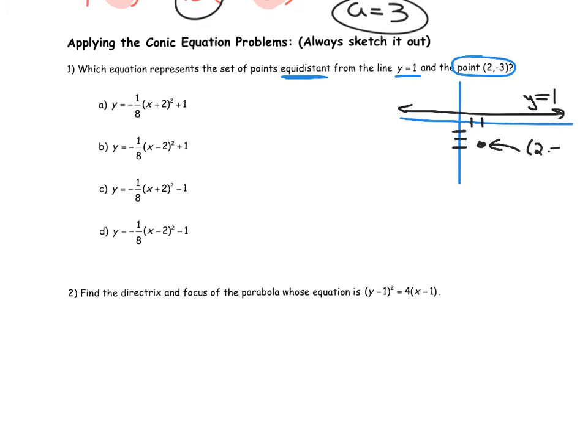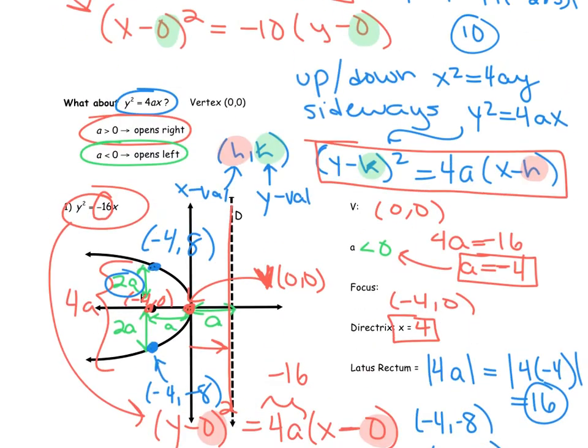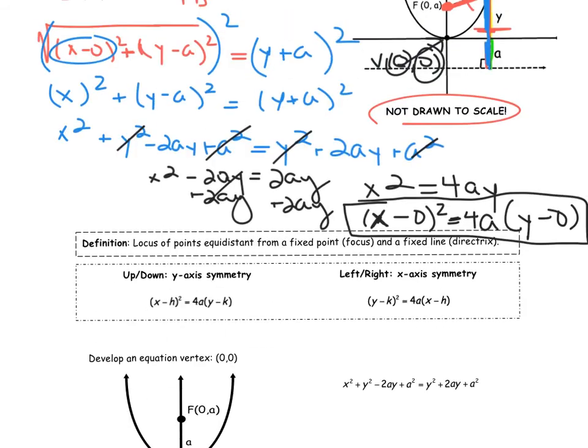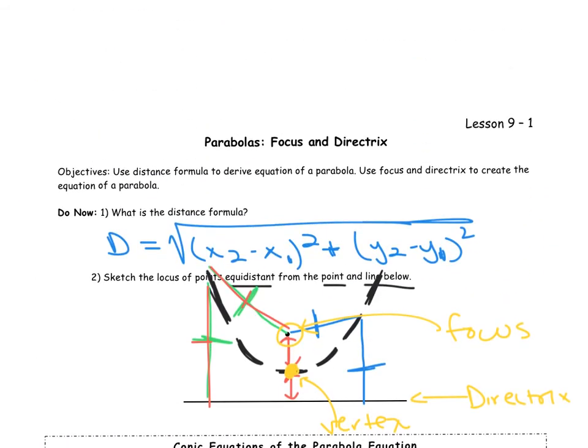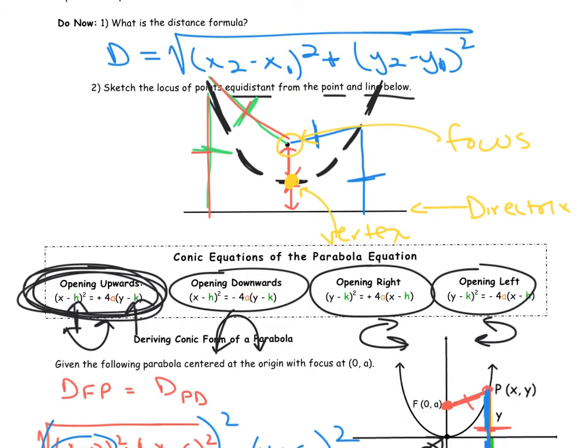(2, -3). So remember, when we have the point that's equidistant from the line, what we just found out, if you think back to actually the very beginning, we just found out what the focus is. So if I come all the way back up here, where we just talked about this, which part would be equidistant from the point and then the line? Well, given that point, we were given the focus, and this line was the directrix.